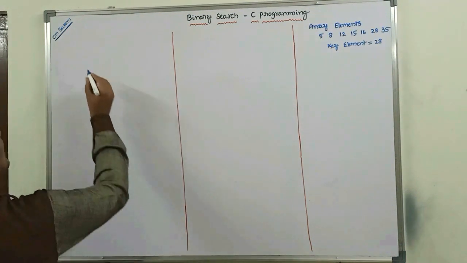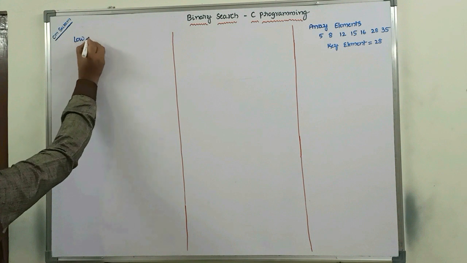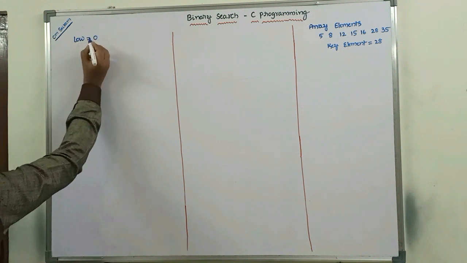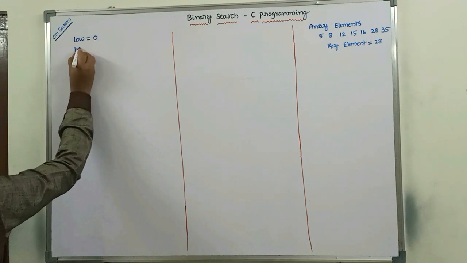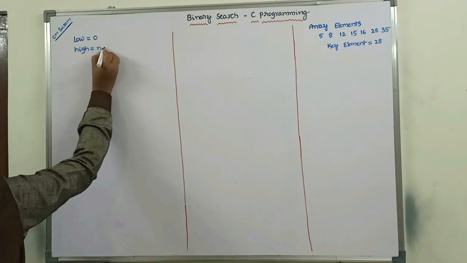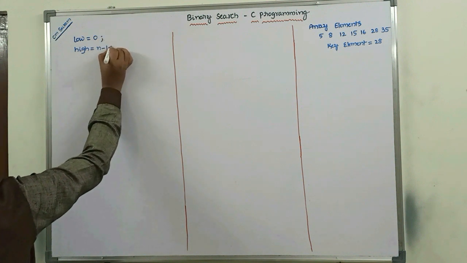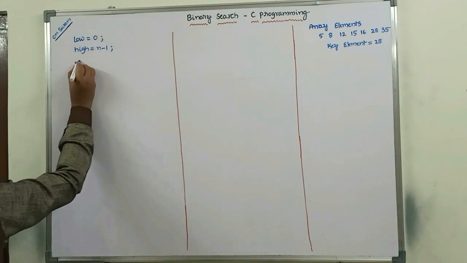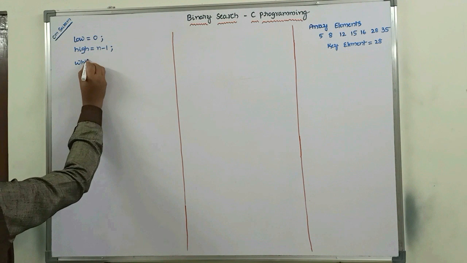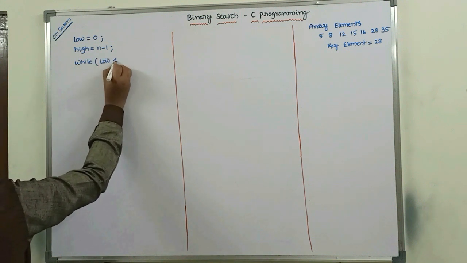Now, initially low value is equal to 0, high value is equal to n minus 1. Next, while low less than or equal to high.